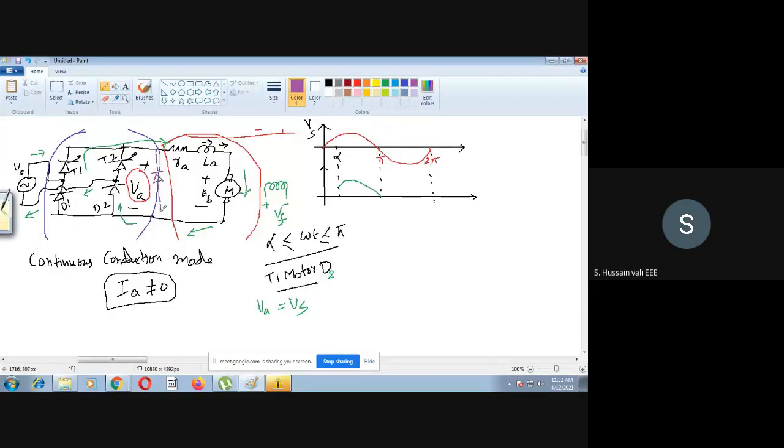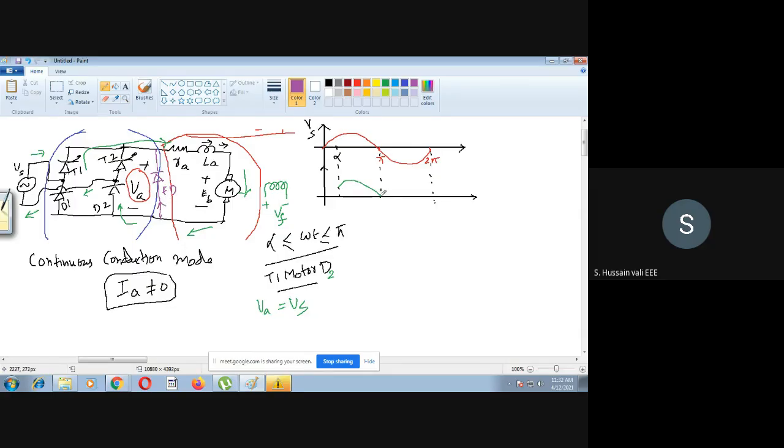Yes, I have drawn it now. You have to connect this freewheeling diode whenever the load is an inductive load. When you have an inductive load, the energy in the inductor has to circulate through the freewheeling diode.